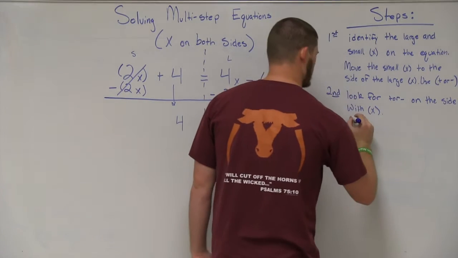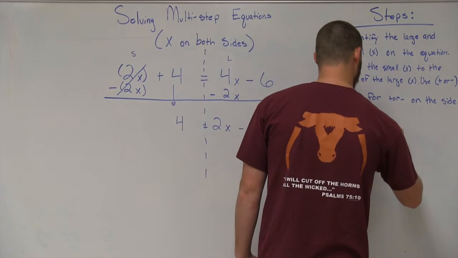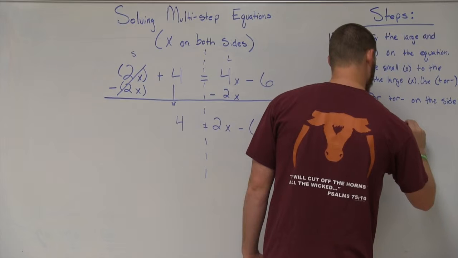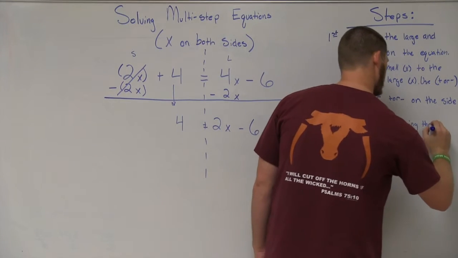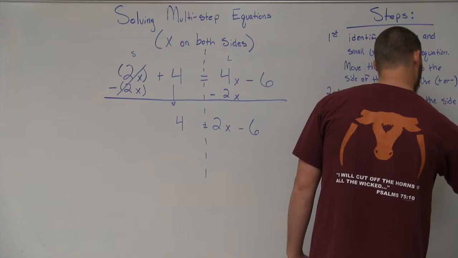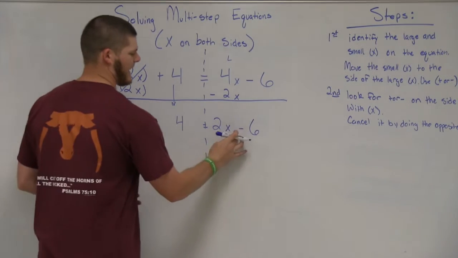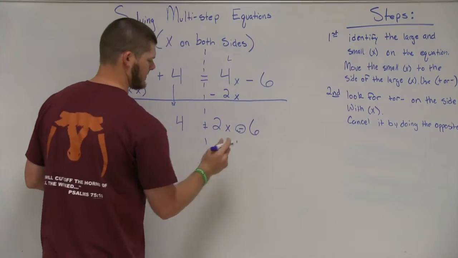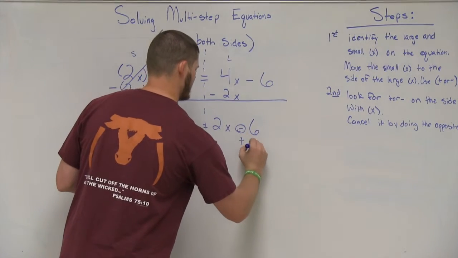And once we find it, we're going to cancel it by doing the opposite. So we look for our plus or minus on the side with x. 2x minus 6, so here's our plus or minus. And we're going to do the opposite, which is plus 6.